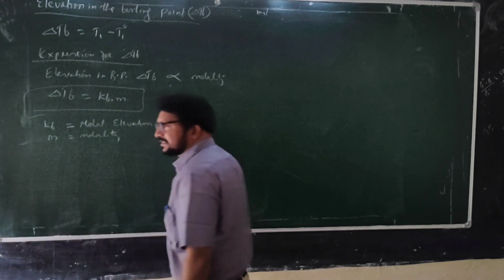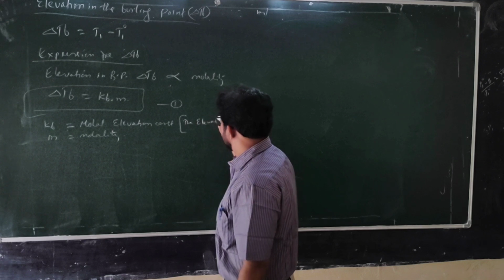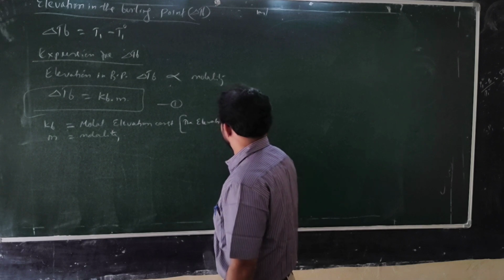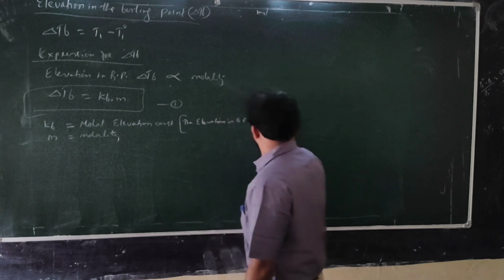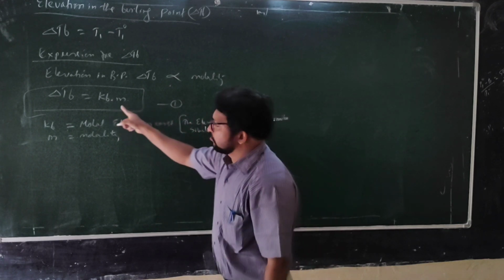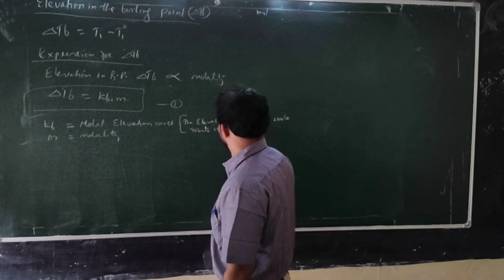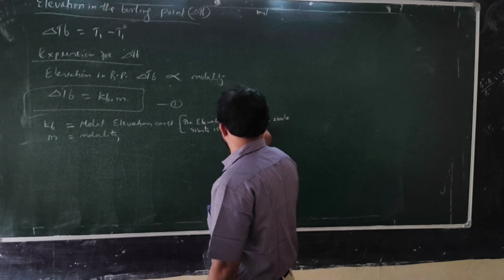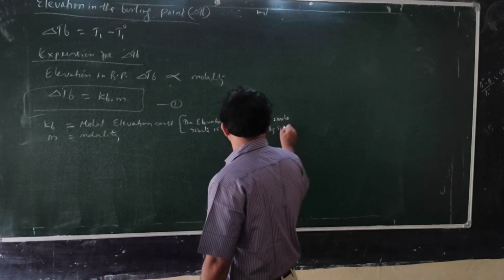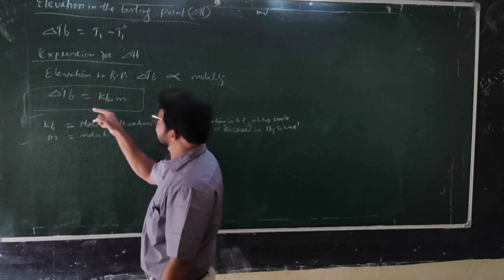I will define it like this: the elevation in boiling point when 1 mole of solute, 1 m, is dissolved in 1 kg of solvent. If molality is 1, ΔTb equals Kb.